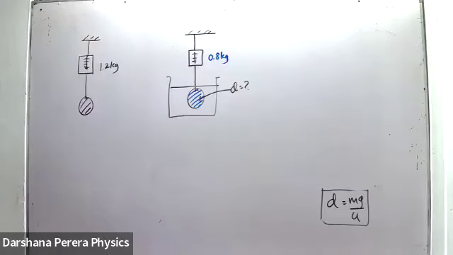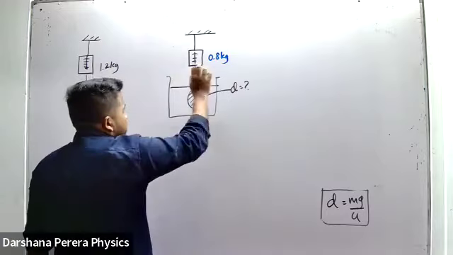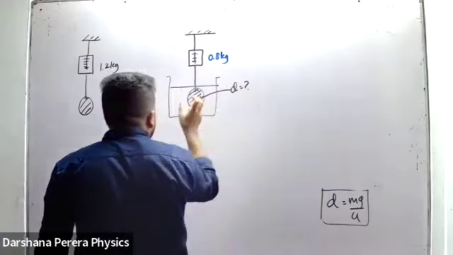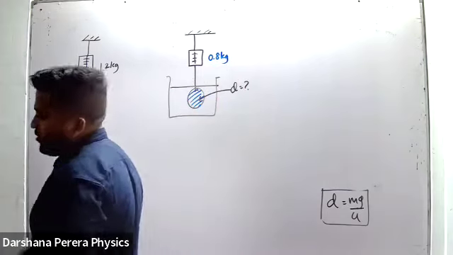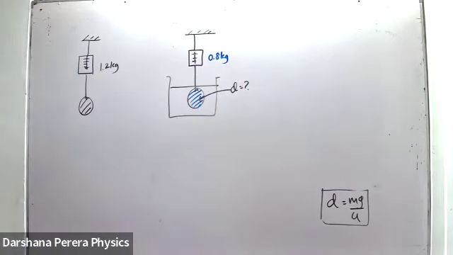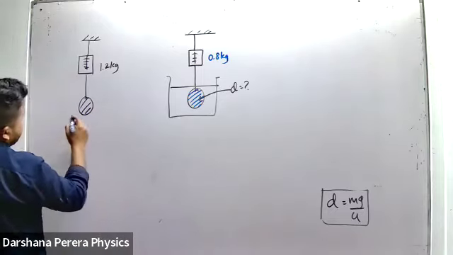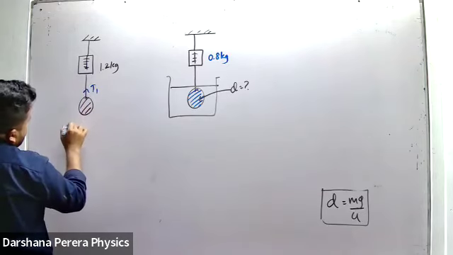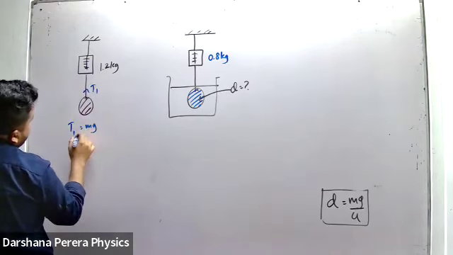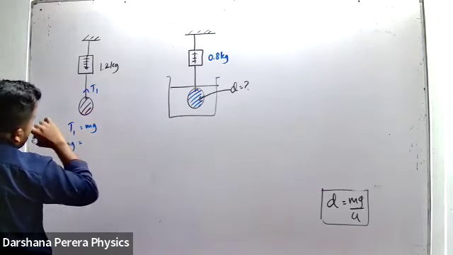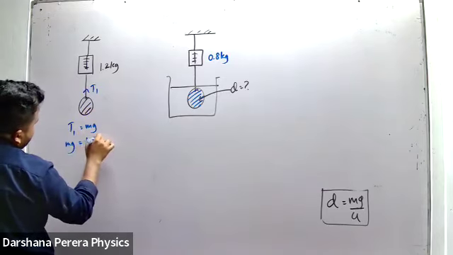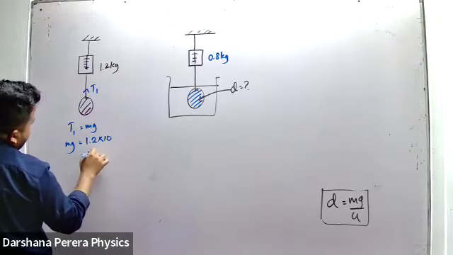When we just hang it, it is 1.2 kilogram. When it is submerged, it is 0.8 kilogram. So we have to find the relative density. For that case, T1 equals mg. That means mg equals 1.2 kilogram into 10, that means 12 Newton.